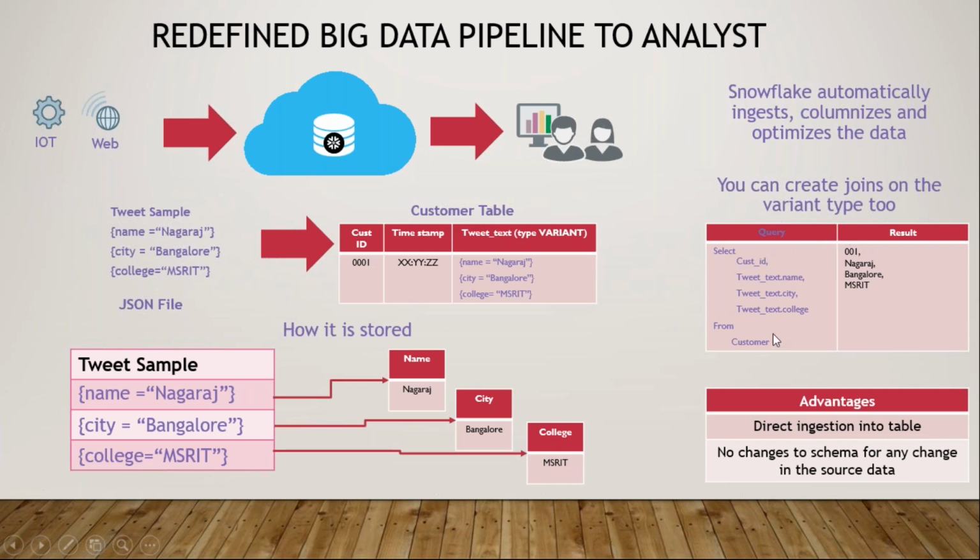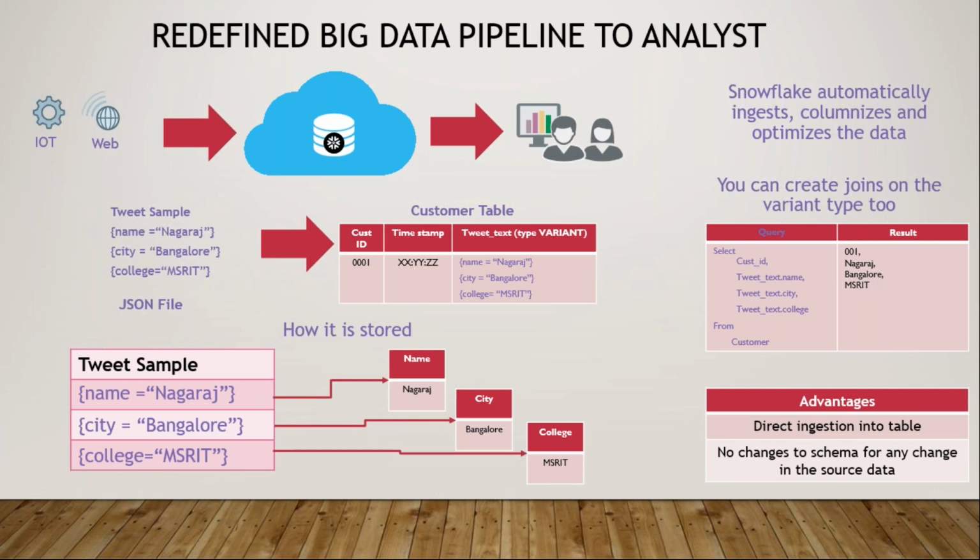It is then directly used for queries. I've given some sample queries. If you look closely, you see tweet text, that is column dot object name, and again column dot object name city, from the customer table, and it gives this data set. It's easy, and the way it is stored is in columnar format.